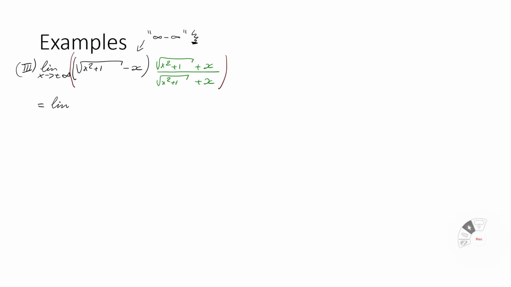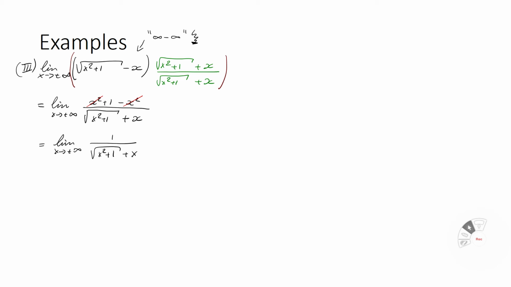So in the numerator, we get x squared plus 1 minus x squared, and in the denominator, square root of x squared plus 1 plus x. This x squared cancels with that x squared, and we are left with x going to plus infinity 1 over square root x squared plus 1 plus x.